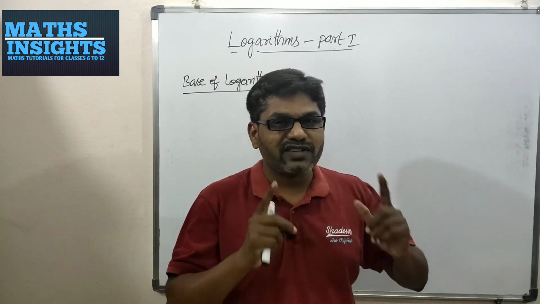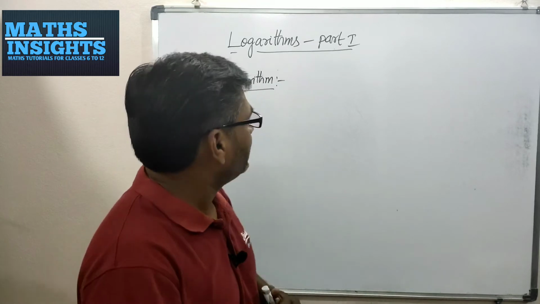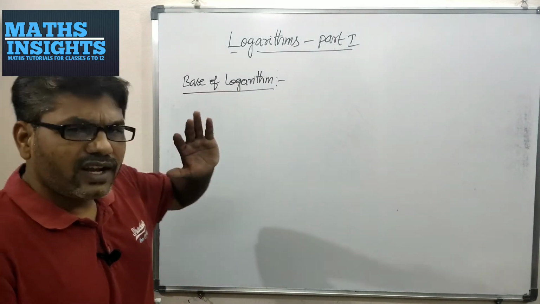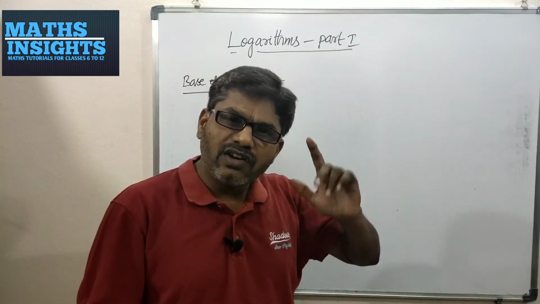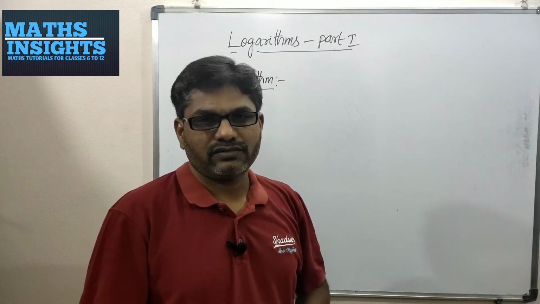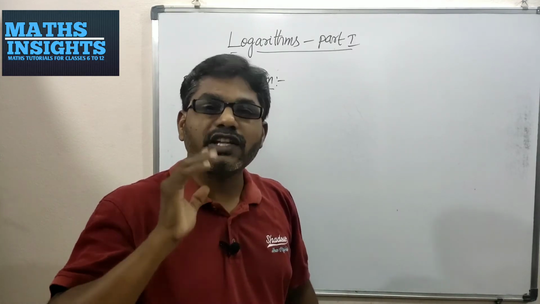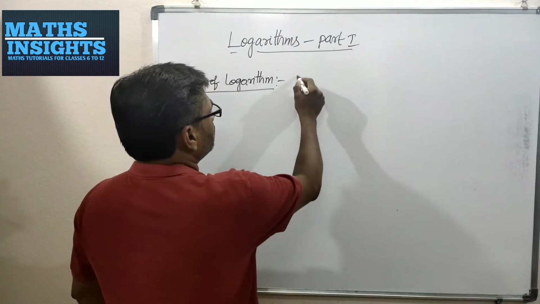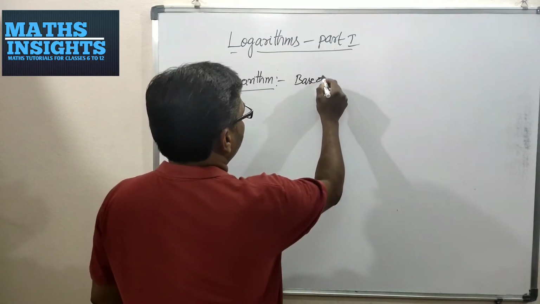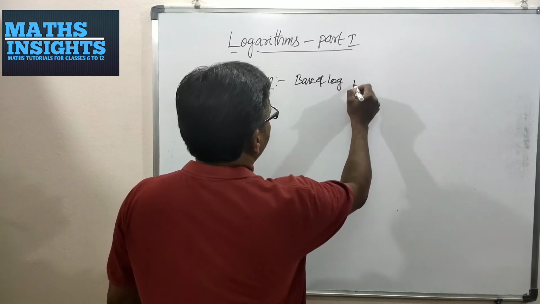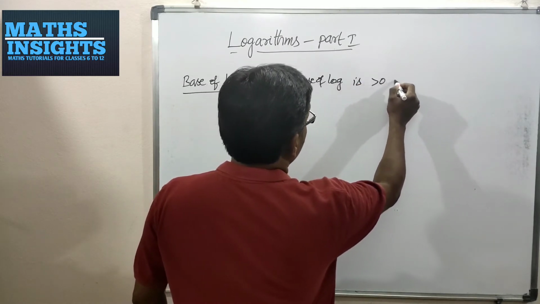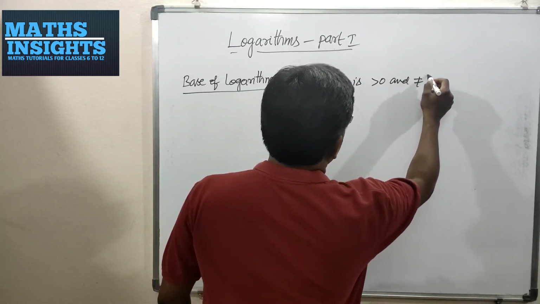The base of a logarithm is always greater than 0, but not equal to 1. So the base of log is greater than 0 and should not be equal to 1.